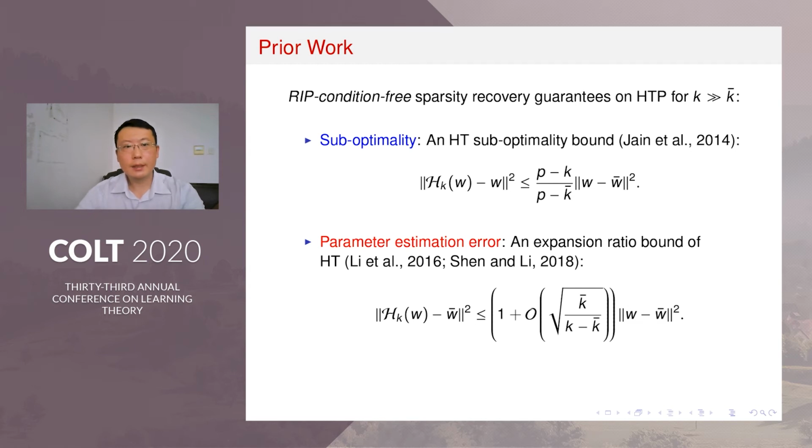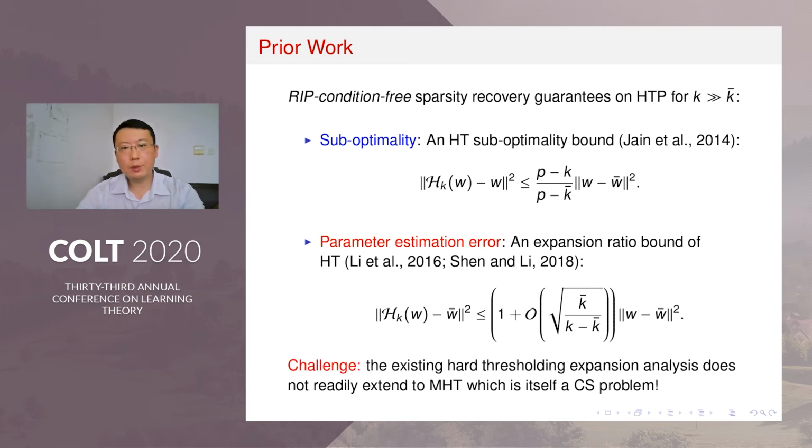Later, a dimension-free bound of HTP has been essentially independently established by these two groups of researchers. Such a nearly non-expansive estimation error bound has been demonstrated to be beneficial for analyzing the parameter estimation and the sparsity recovery accuracy of HT type methods without assuming RIP conditions.